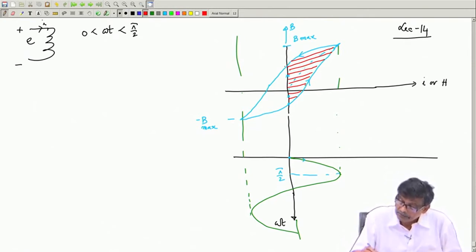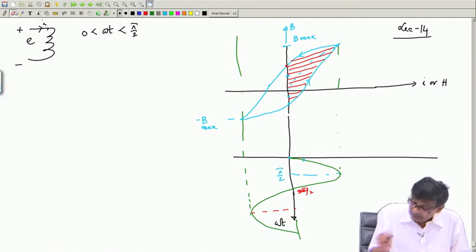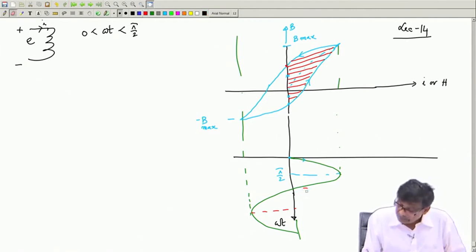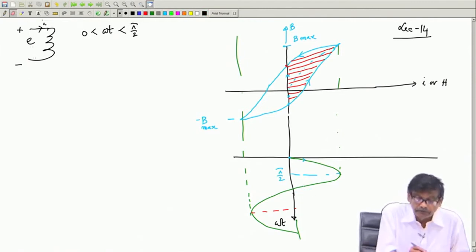And it will come to this point. Of course, current is changing on its own. So, during pi by 2 to 3 pi by 2, it will do like this.